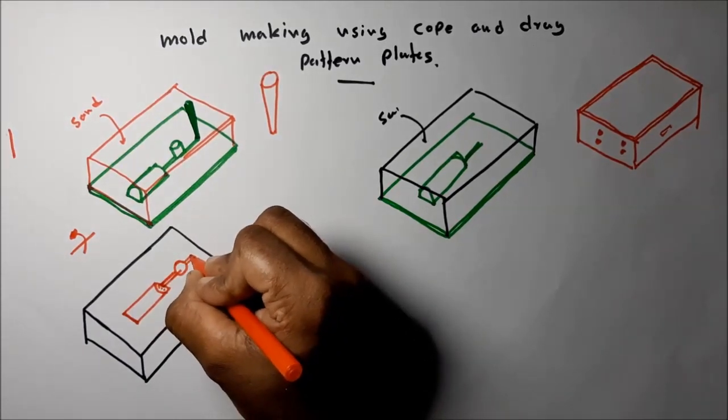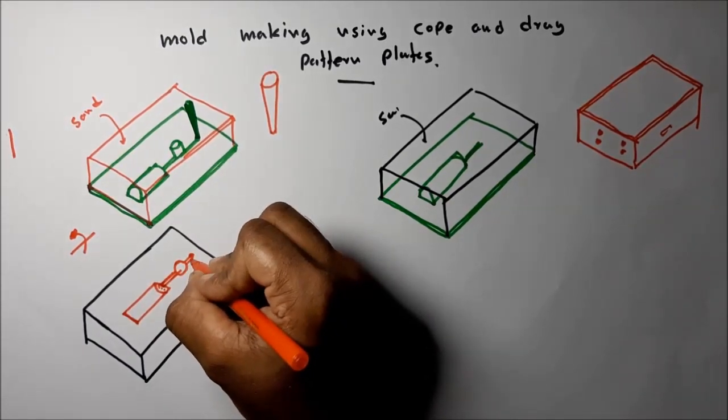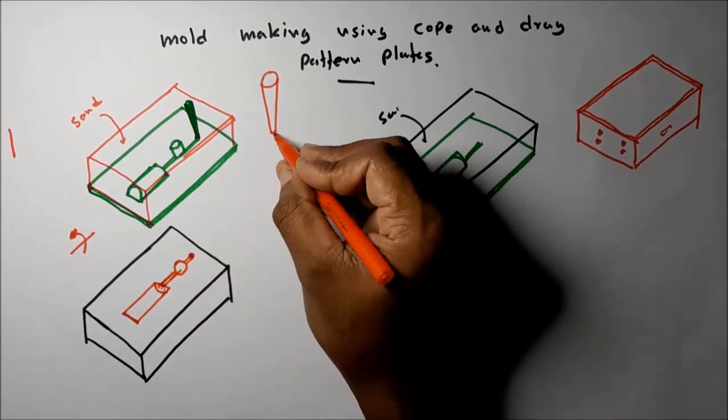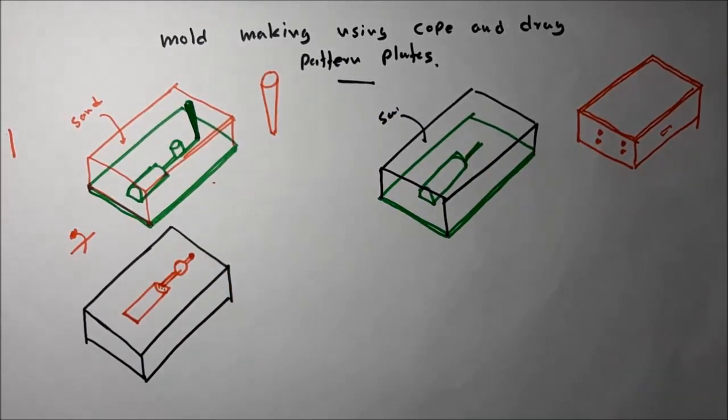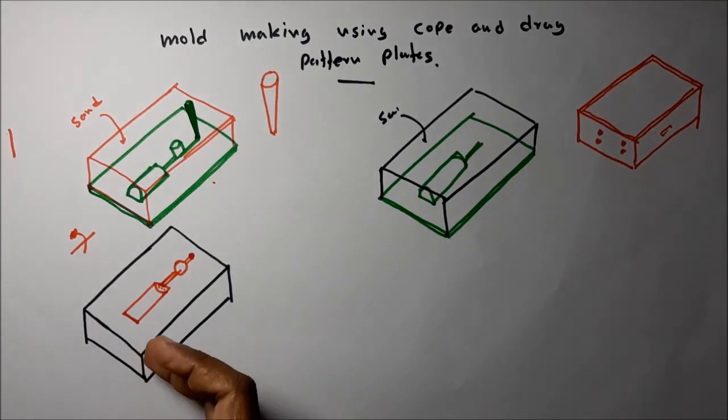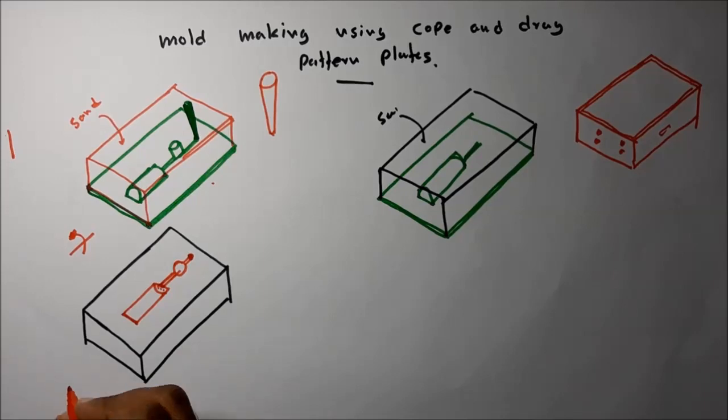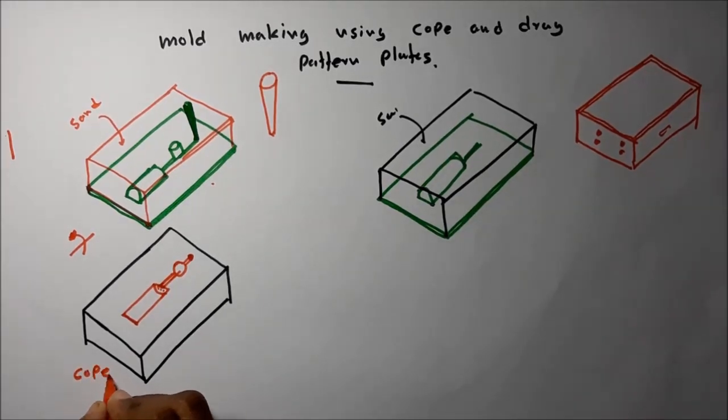Then there is a hole for the sprue outlet when looking from the bottom side. Okay, this is the cope part.